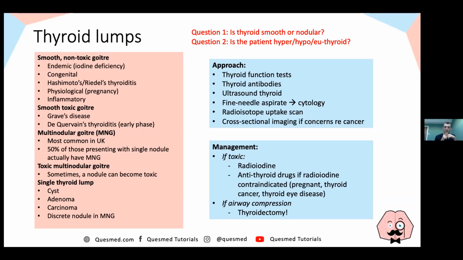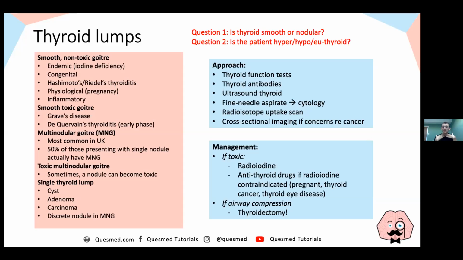And then you have single thyroid lumps. So this case was a single thyroid lump, and that could either be a thyroid cyst, an adenoma, a carcinoma, or a discrete nodule of a multinodular goiter. So as I said, a nodule that you think is a single nodule, and then you realize it's actually part of a multinodular goiter.